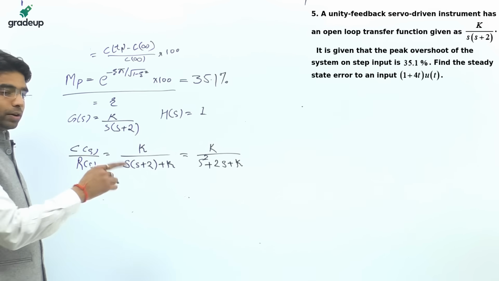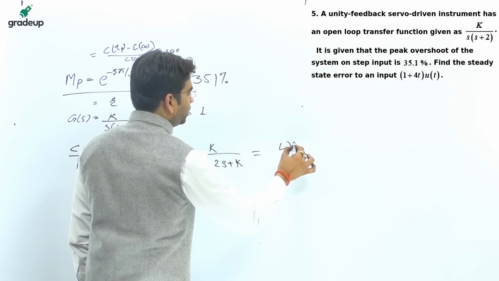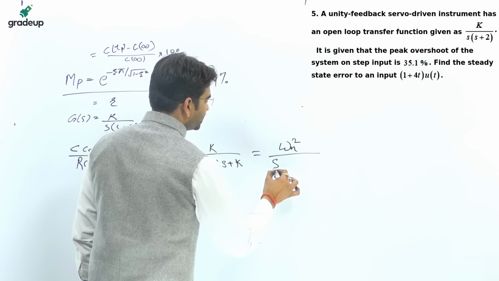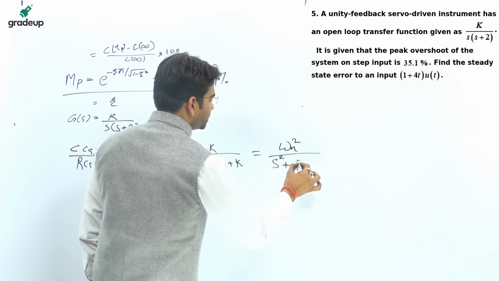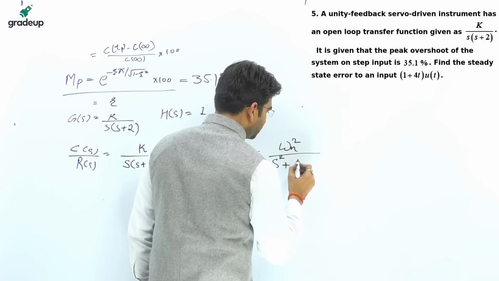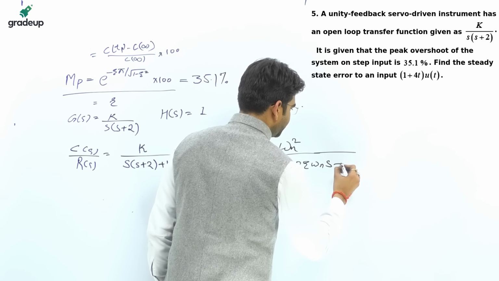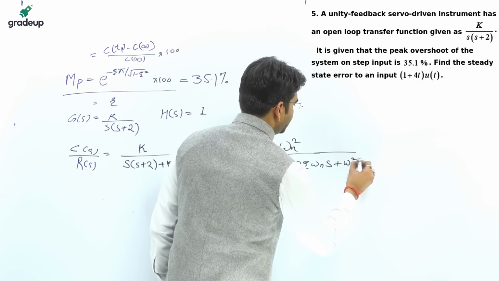अब स्टैंडर्ड सेकेंड ऑर्डर इक्वेशन क्या होती है? स्टैंडर्ड सेकेंड ऑर्डर इक्वेशन होती है ओमेगा एन स्क्वायर अपॉन एस स्क्वायर प्लस twice zeta omega n into S प्लस ओमेगा एन स्क्वायर.